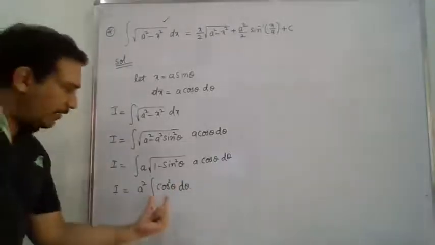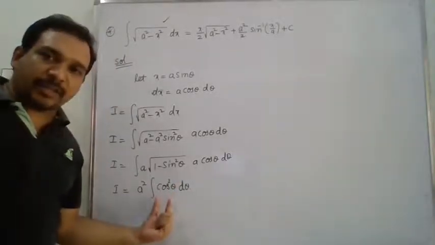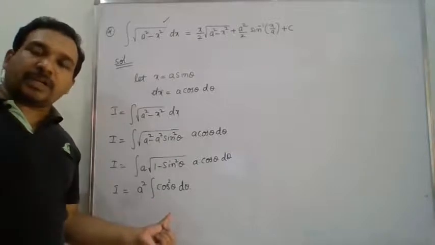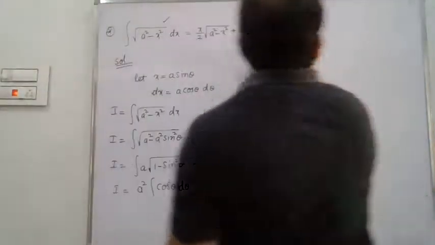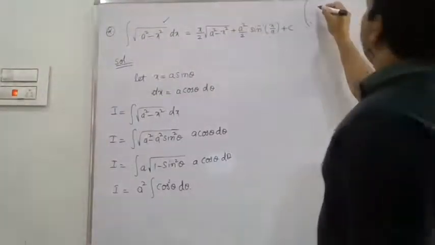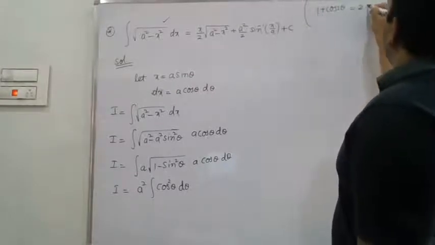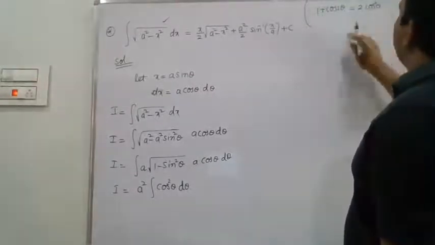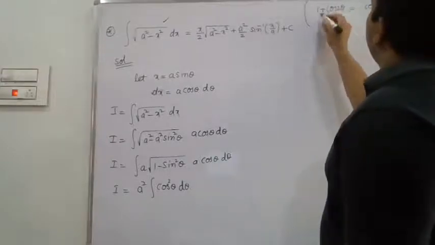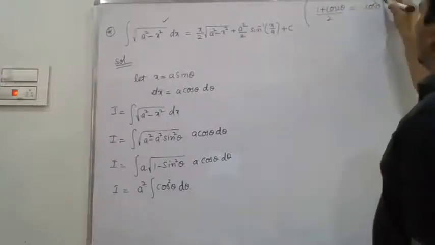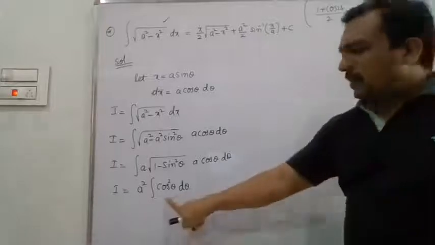Directly we don't have any formula for cos square theta, so we should write it as a single power. Which formula we can use? The formula is 1 plus cos 2 theta is equal to 2 cos square theta. Already I think we know this. So 1 plus cos 2 theta by 2 is nothing but cos square theta. So instead of cos square theta, I can substitute this.